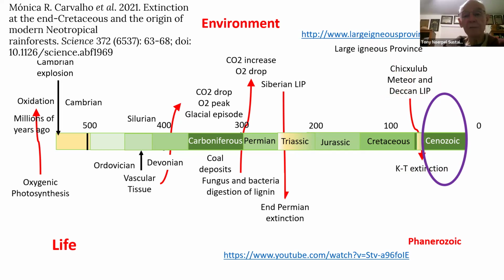A Large Igneous Province is an organization here that keeps track of all these things. Here's another one that caused the greatest extinction event that I was talking about. And these things cover millions of square kilometers with basalt rock.